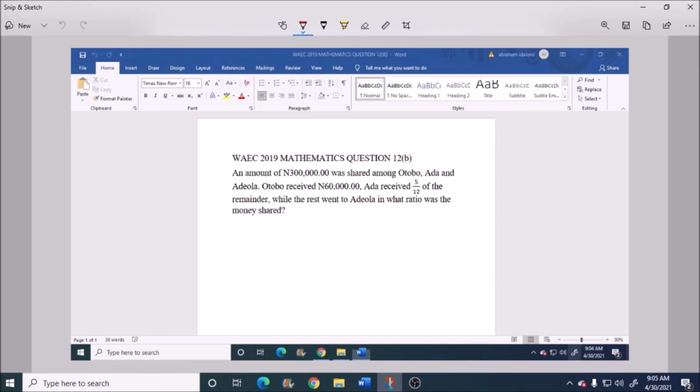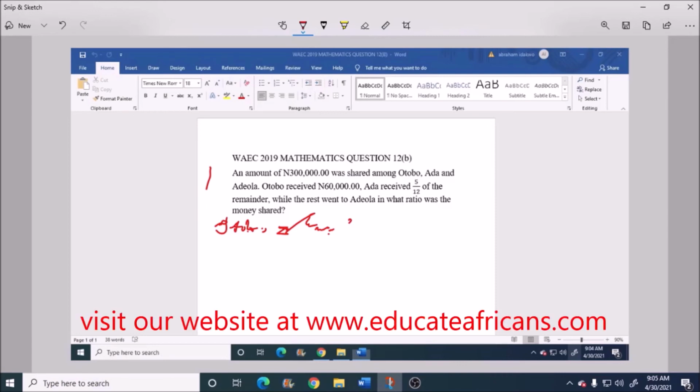Okay, so beginning from Otobo, we have 300,000 is the total amount of money that was shared.